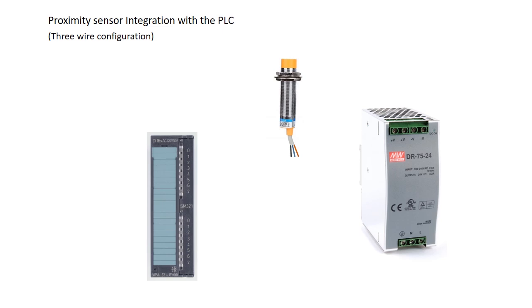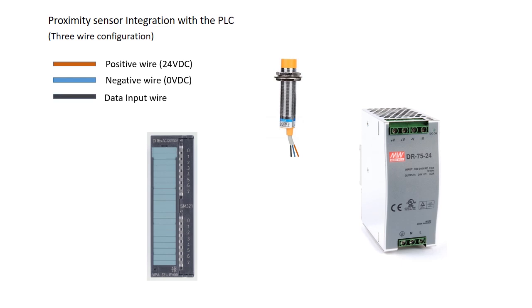In a 3-wire configuration, 2 wires are for power, and the third wire connects to the PLC input terminal. The wire color code typically is brown for positive 24 DC volt, blue for the common terminal, and black for the signal input wire. This black wire could be NPN or PNP, so it's important to select the correct sensor type that matches your PLC input card.